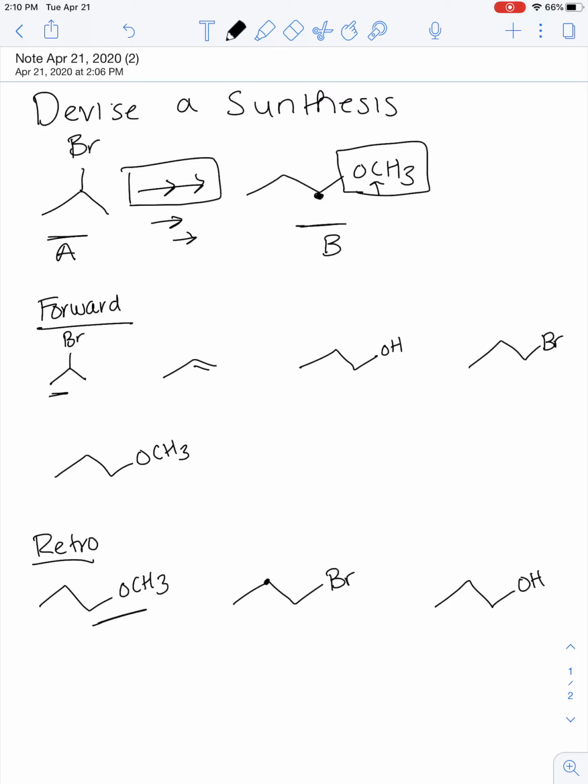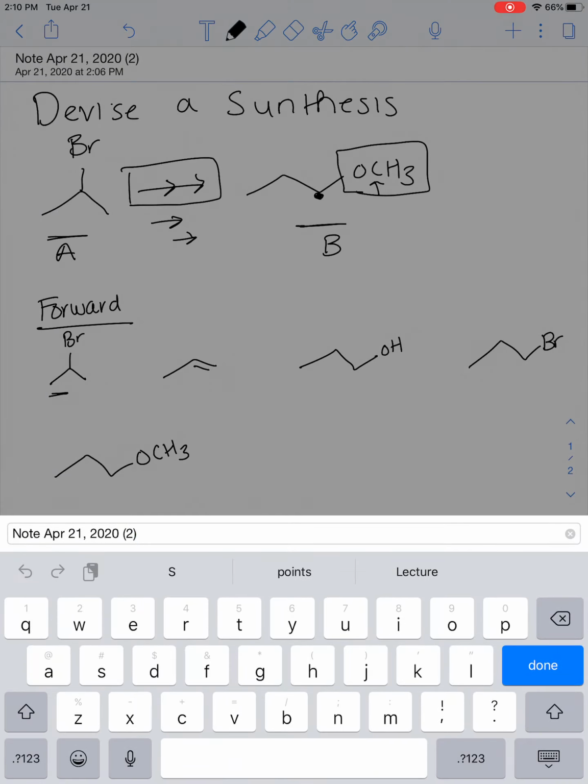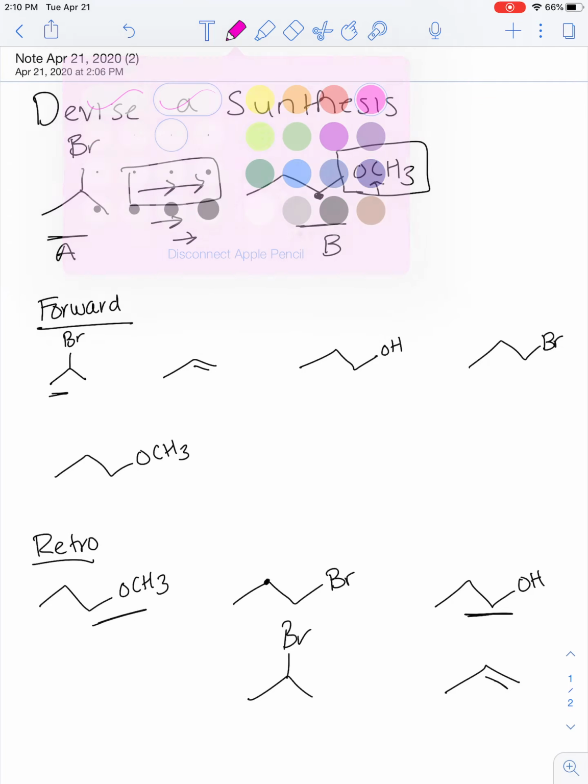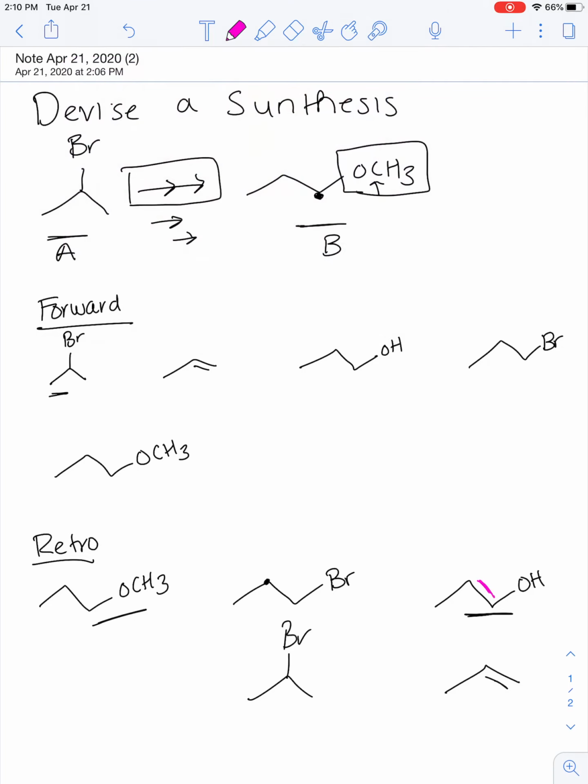Once we have that hydroxyl, the next thing we could do is have that double bond, and then we would be left with our starting material. So imagine that you have a double bond here, and we can add that hydroxyl off of that alkene.